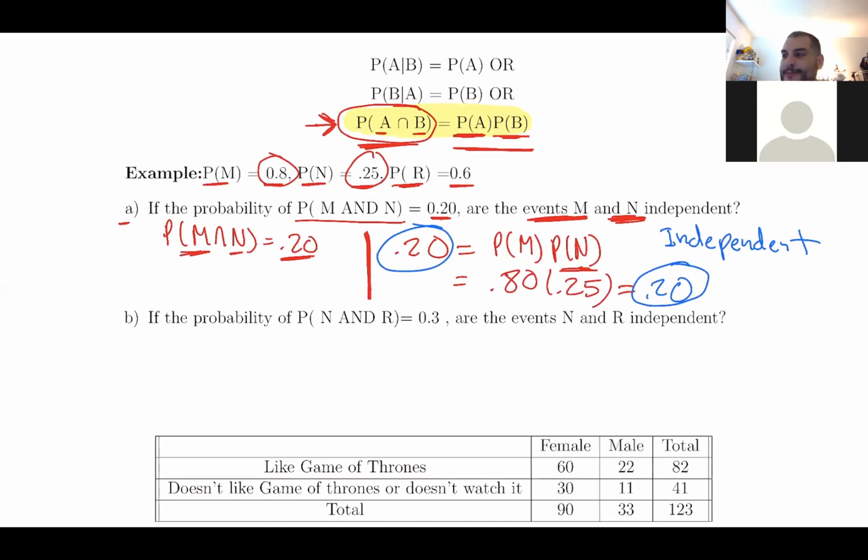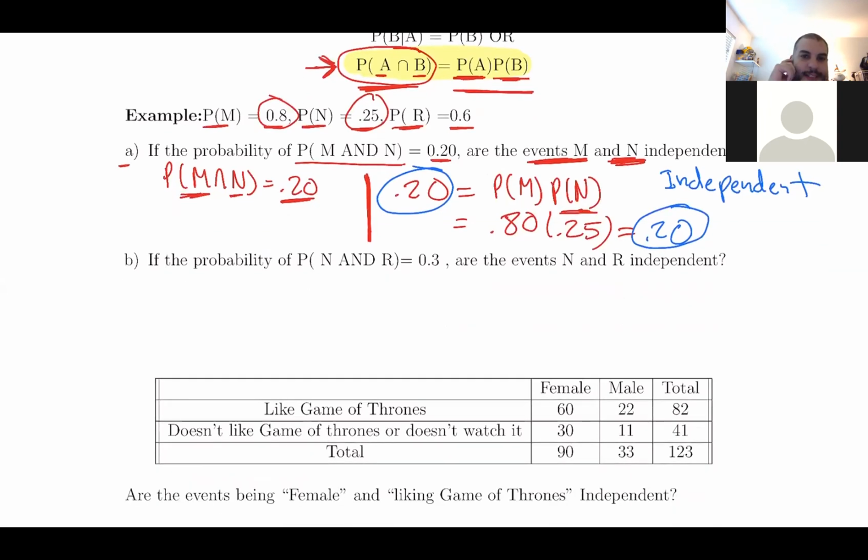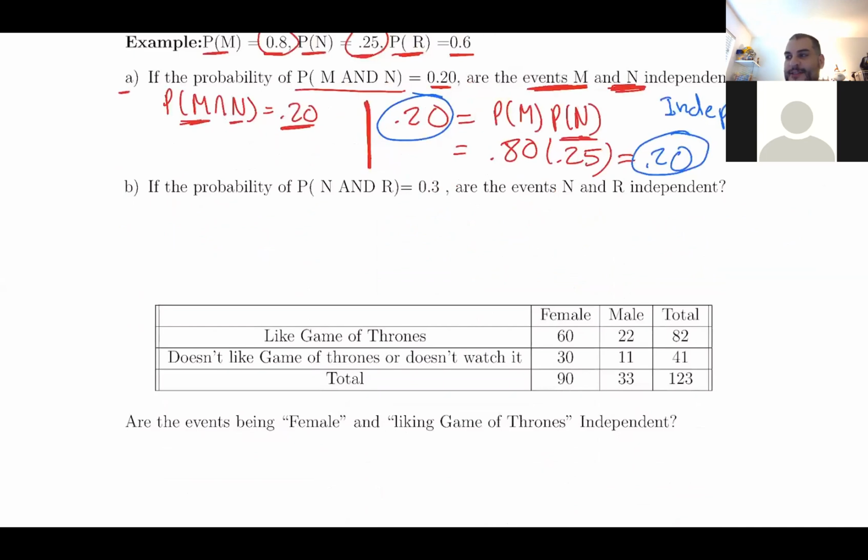All right, so let's do part B. Instead of doing it for events M and N, now we're doing it for N and R. They tell us the probability of N and R is 0.30, so I know the left side is equal to 0.30.